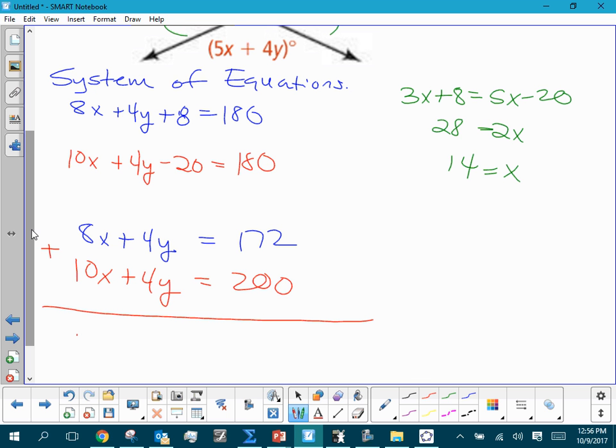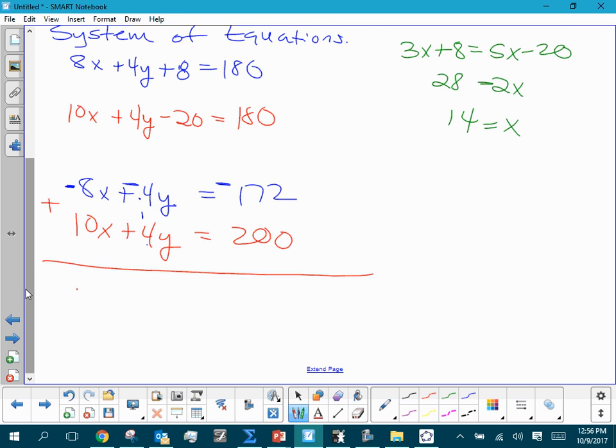So I'm going to say, let's multiply this top one, every single term, by a negative 1. Okay? You multiply by anything you want to. -1, -2, -3, anything that you want to. But the goal is that you get coefficients of your variables to be additive inverses. They sum to 0.